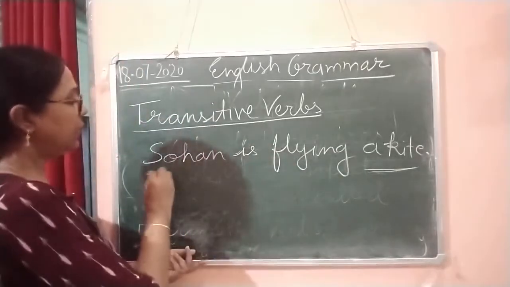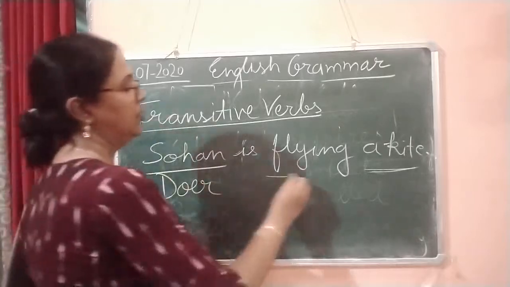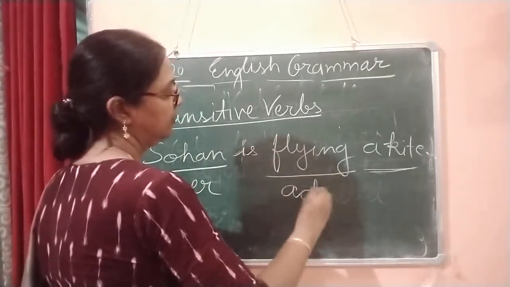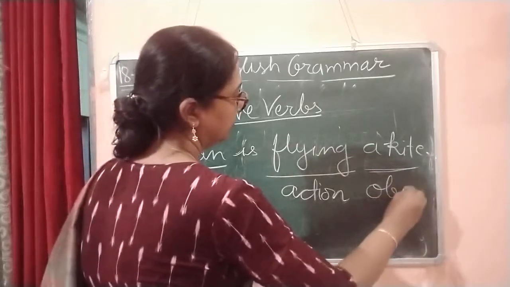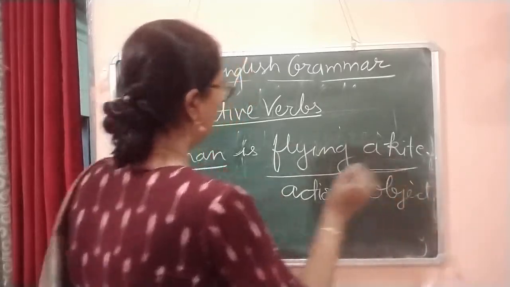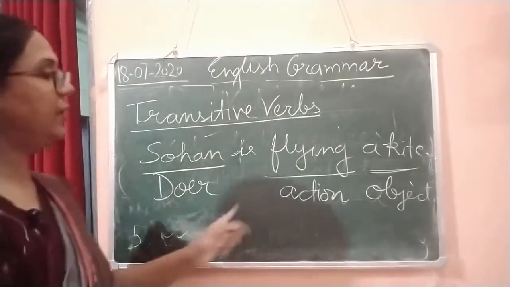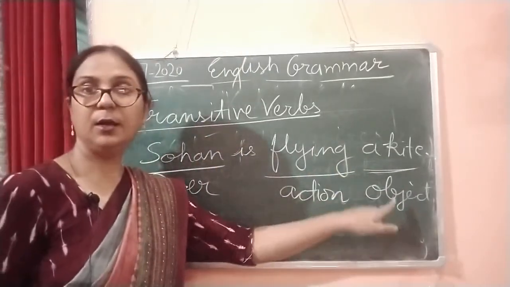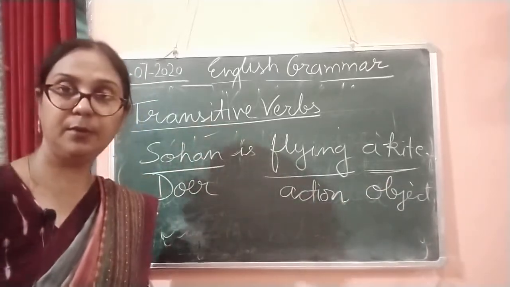So here you can see he is a doer, this is the action or verb and this is the object. And this is called a transitive verb, because the verb having an object is called a transitive verb.